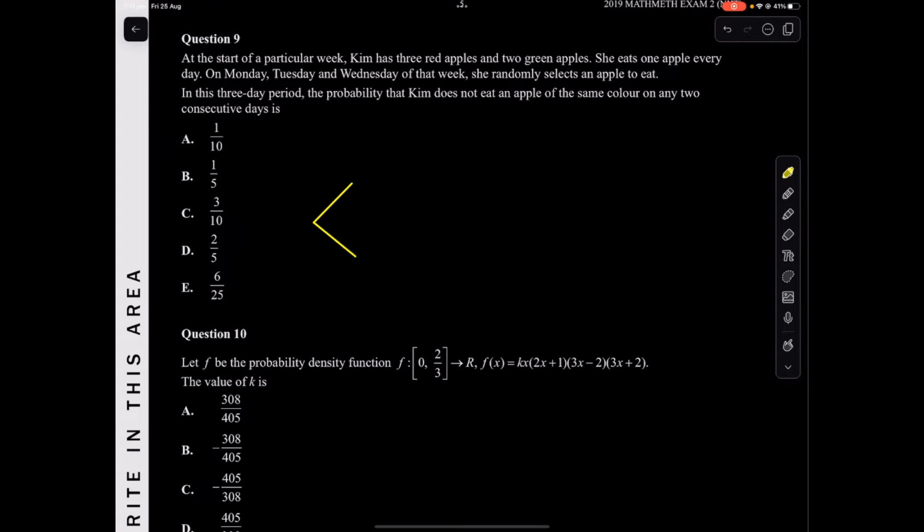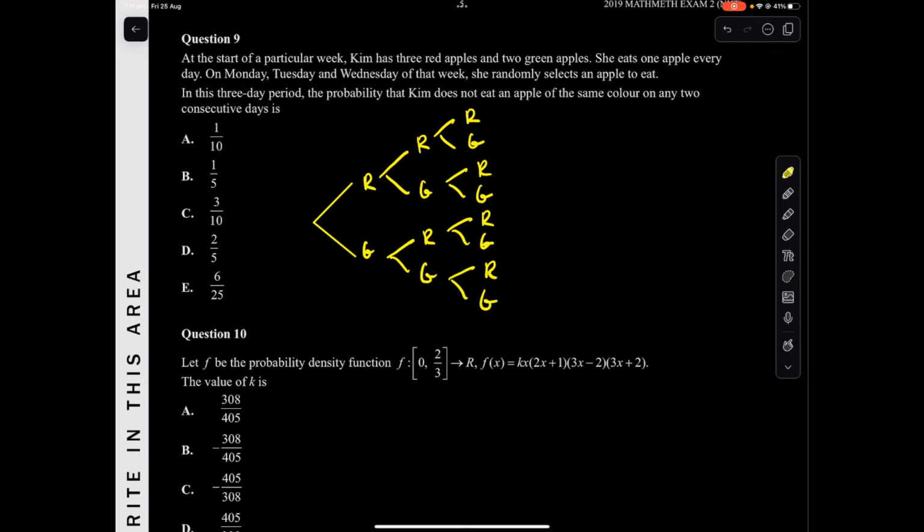So, we know that she can eat red or green apples. And this is red or green, red or green, red or green, and so on. And at the start of the week, Kim has 3 red apples, and so she has in total 5.